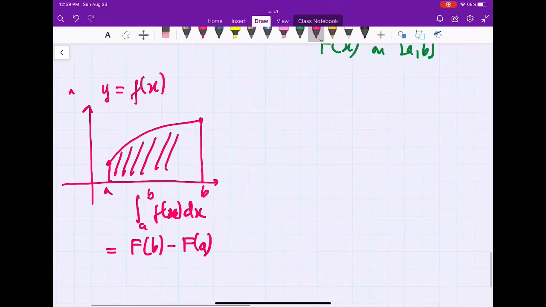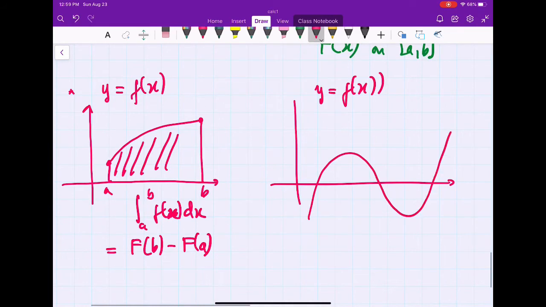But in case your function looks like this, right? And let's say this is your a, this is b. So you can see that actually we have two regions in here. Does that make sense?